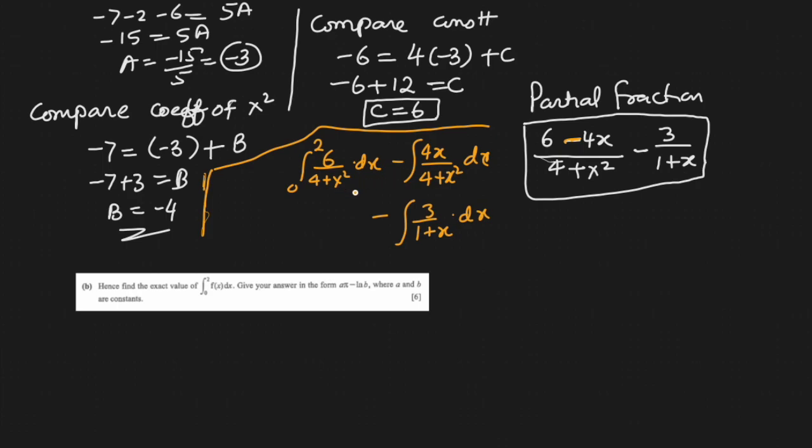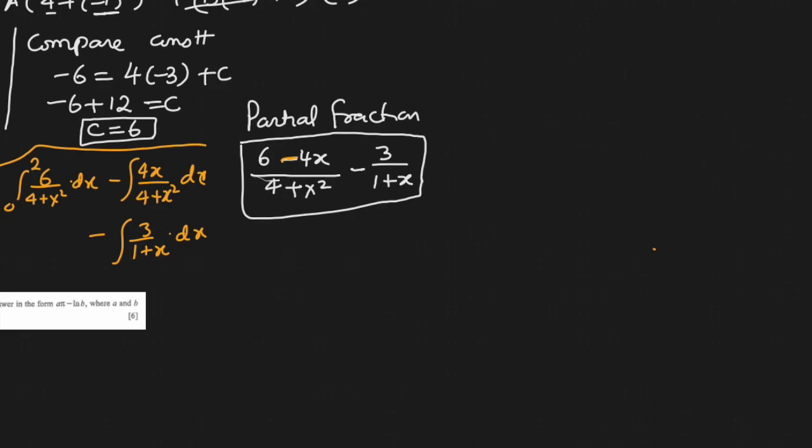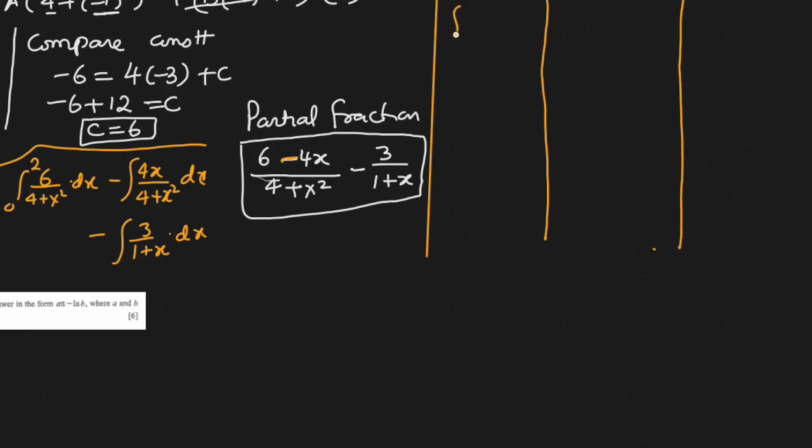Okay, let's do them one by one, and I'll need some space for that. Let me use the right side of this. I'll divide this into 3 parts. I'll not write the limits as of now.